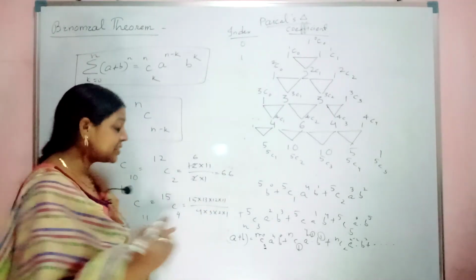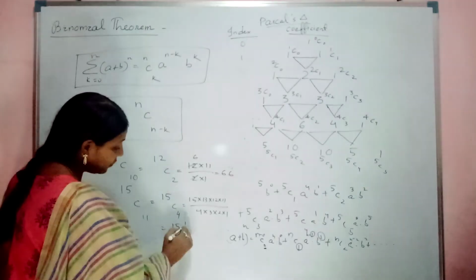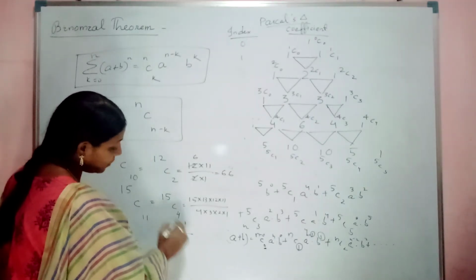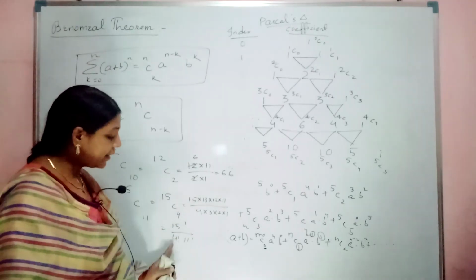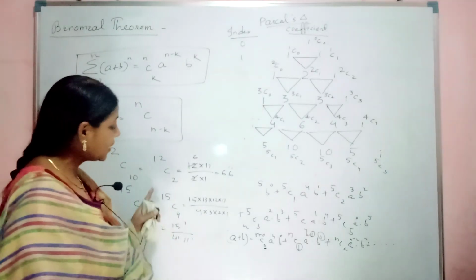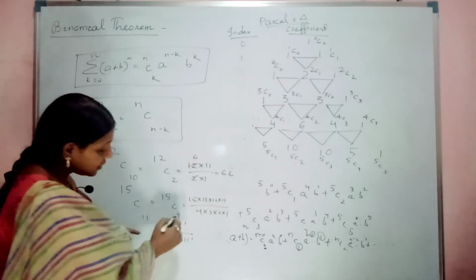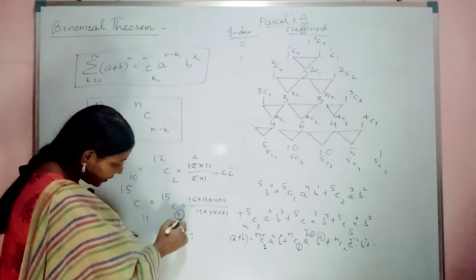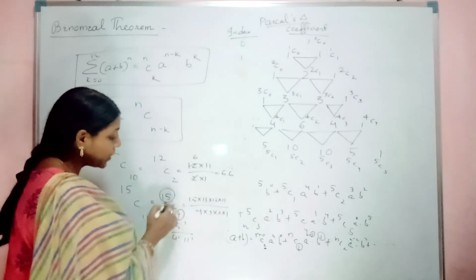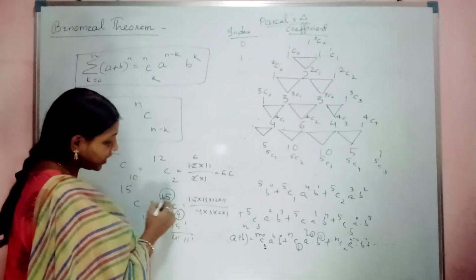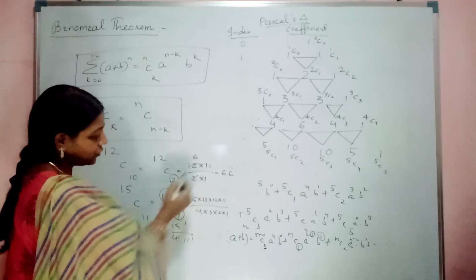Is it easy or not? Instead of writing 15 factorial by 4 factorial, 11 factorial, and then calculating, directly look at the number written below after C. That many times you should write your top number. If it is 3, write 3 times. If it is 4, write 4. Here it is 2, so we have written only 2 times.